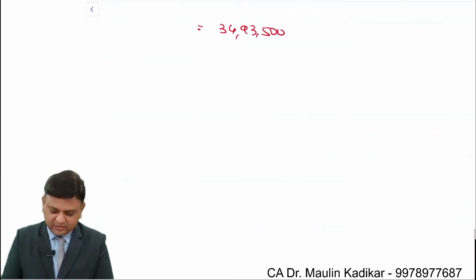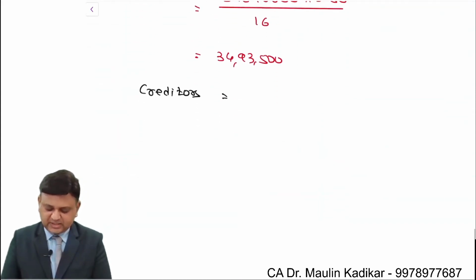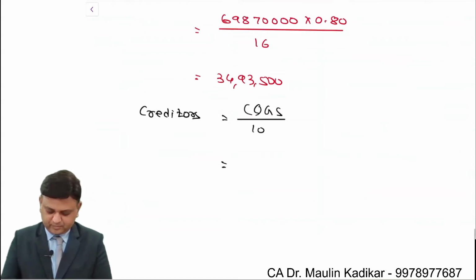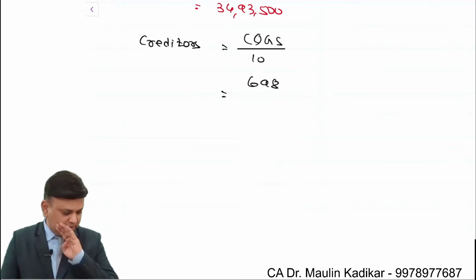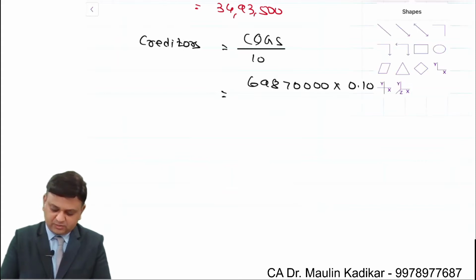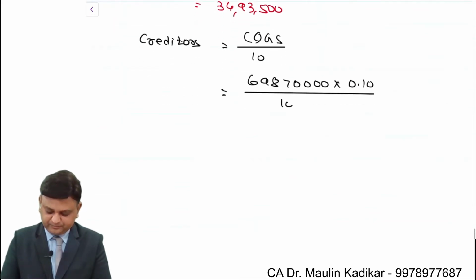The calculation of creditors, it is again COGS upon 10. So it is 6 crore 98 lakh 70,000 into 0.10 upon 10.